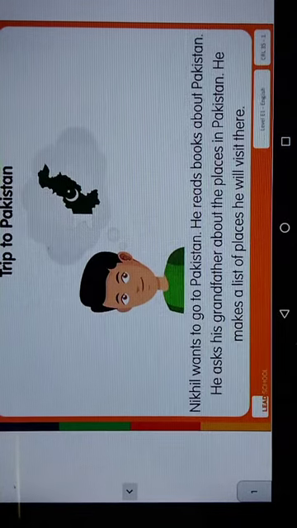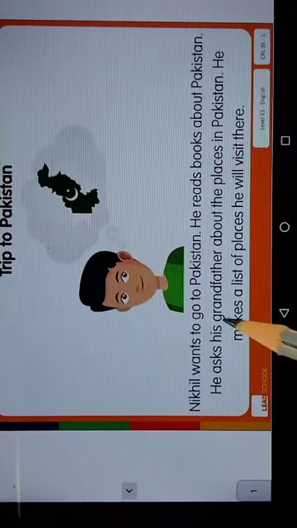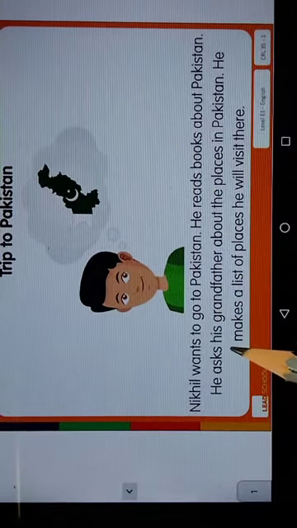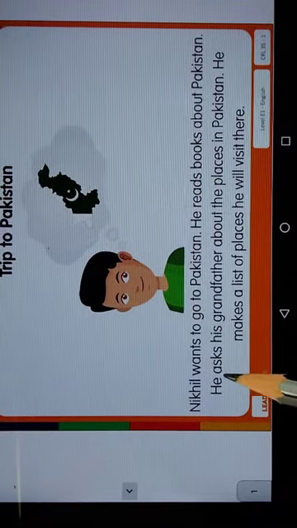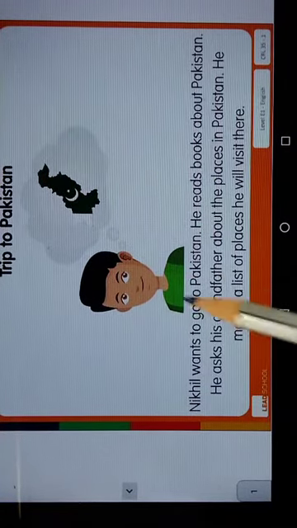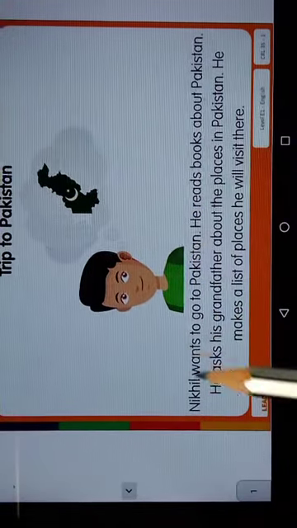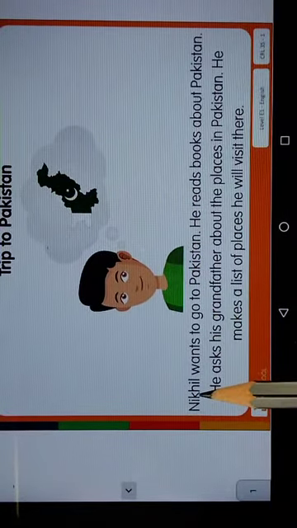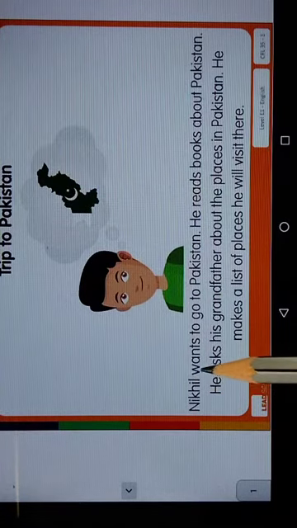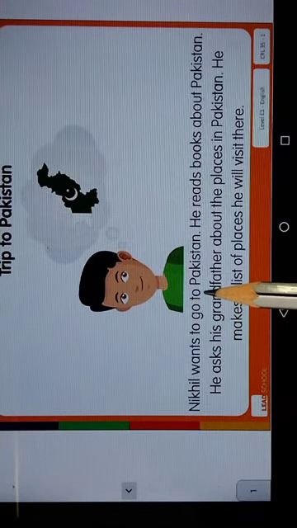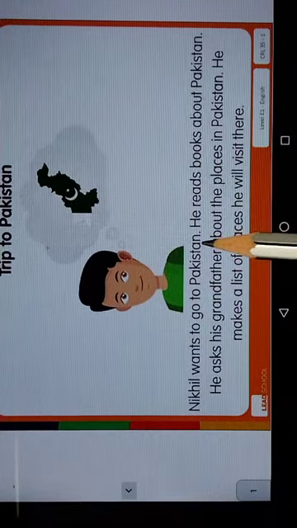Look at this, ma. Now we're going to read the story. You just point out with your finger and then read along with me. Trip to Pakistan. Nikhil wants to go to Pakistan.